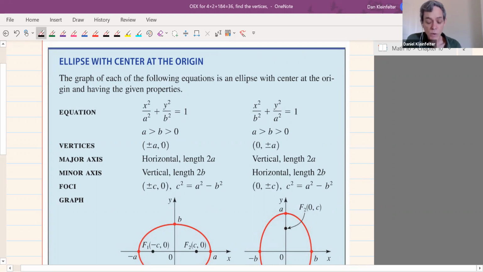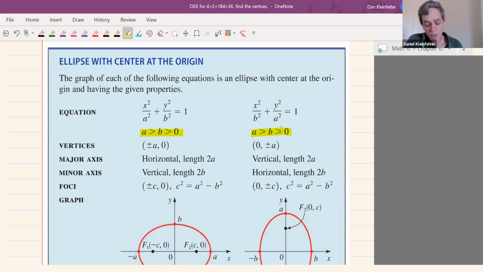We want to try not to memorize too much here. We want to make sure that we can understand as much as we can to cut down on the amount of memorizing that's needed. Notice that there's a little restriction down here that a is bigger than b, which is bigger than 0. a and b are both positive, and a is the bigger one. You know, you want your grade to be an A, not a B, right? So a is bigger than b.